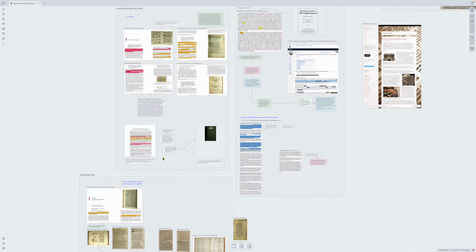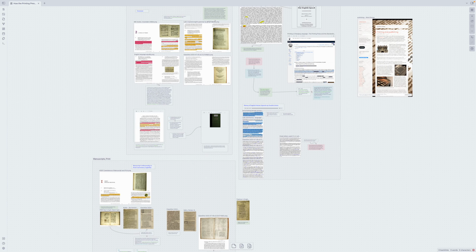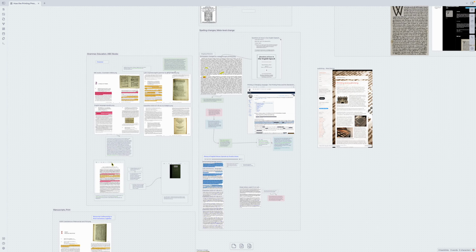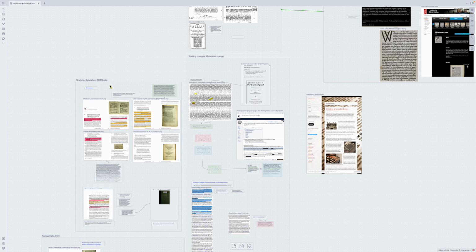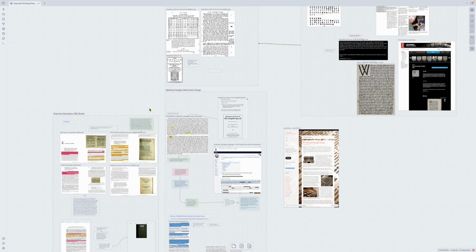And so after print took dominance, you would see these three things have major changes. So the letters used in the English language, the grammar and standardization of the English language from a set of basically ruleless dialects to a standardized or a mostly standardized language, and then also changes to spelling and orthography.